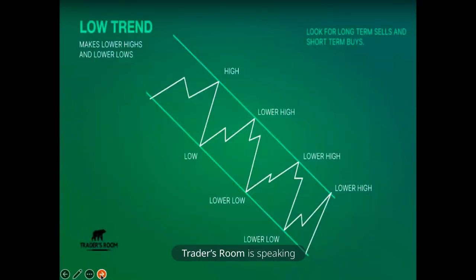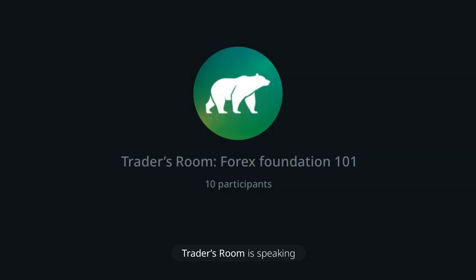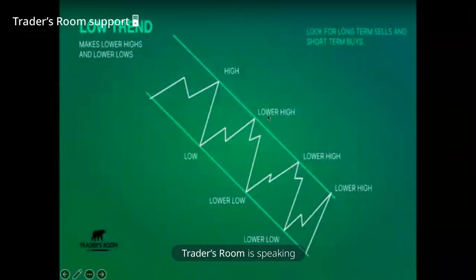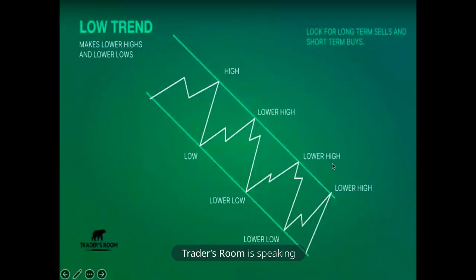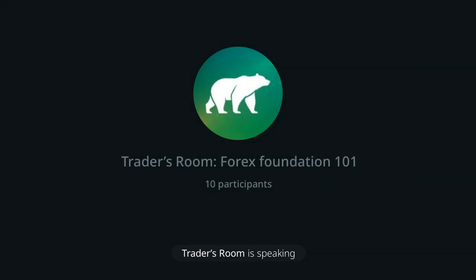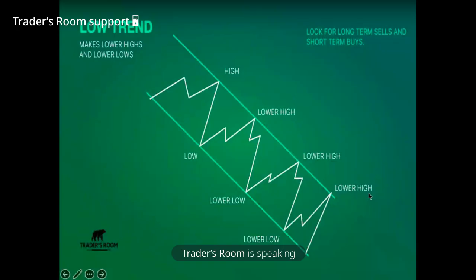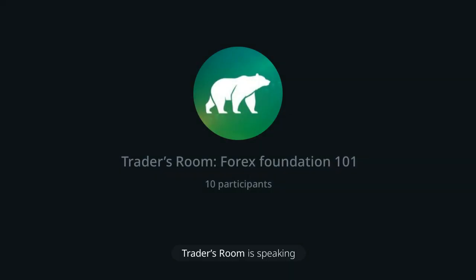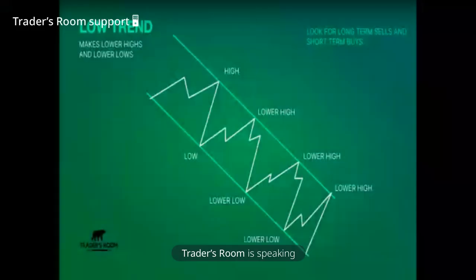If you have questions, please write the question down. We're going to attend to all of that. The same thing happens on a lower trend or a downtrend. So we have a high, and then a low, a lower high, a lower low, a lower high, a lower low, a lower high. Remember the case of me talking about you coming down a staircase?